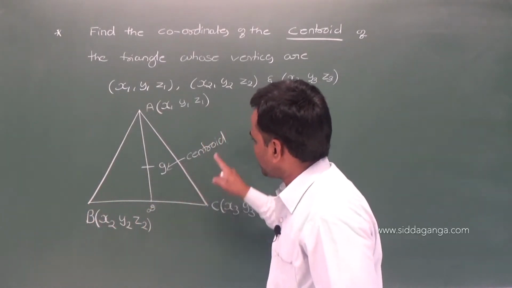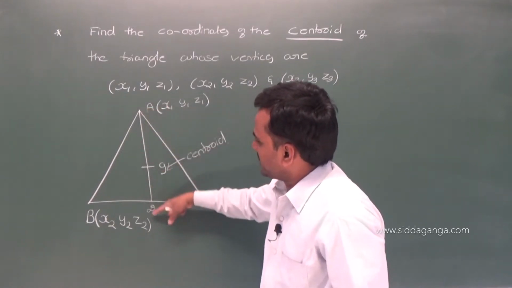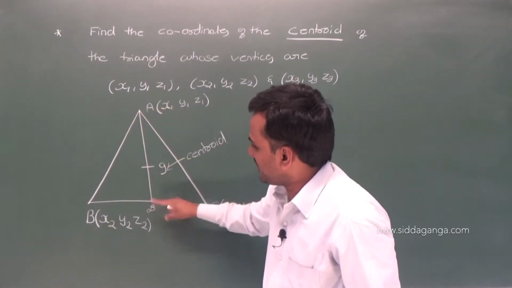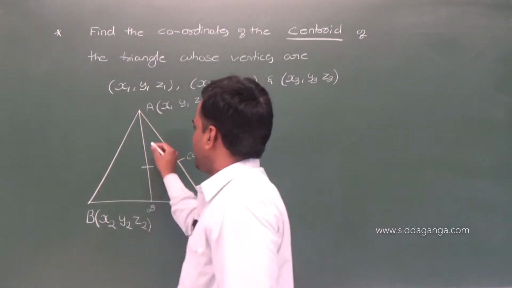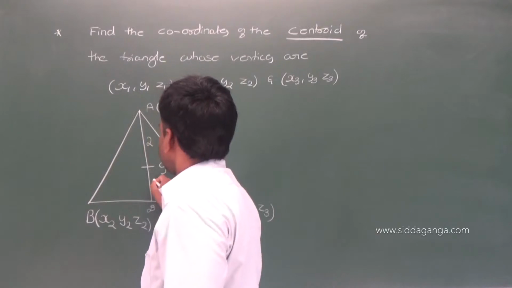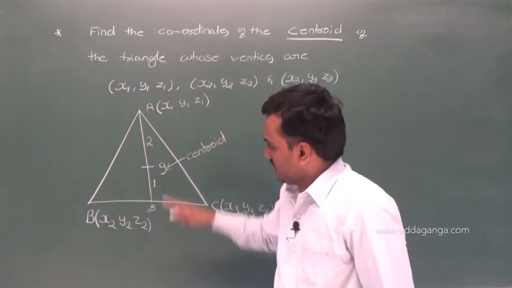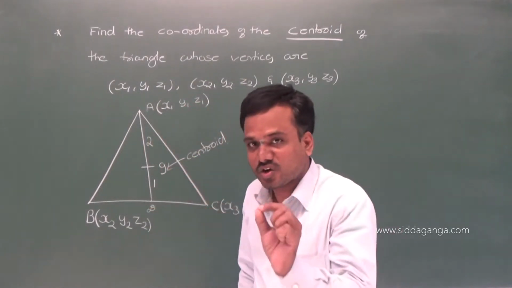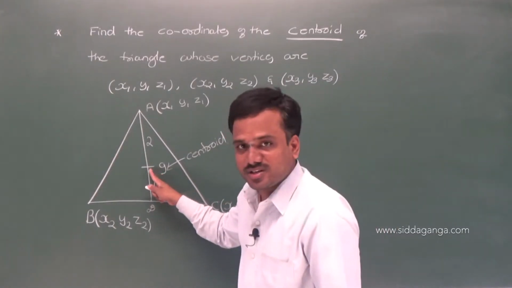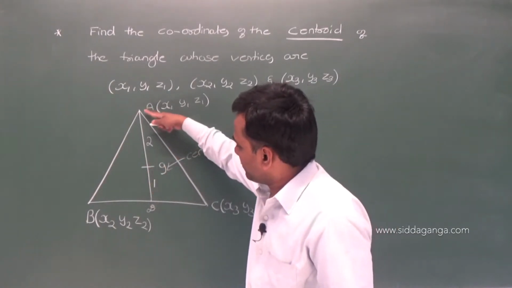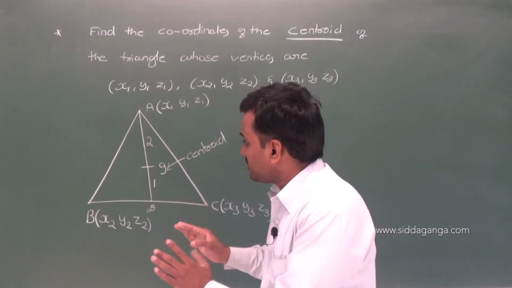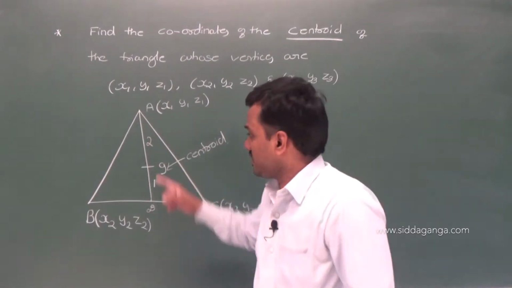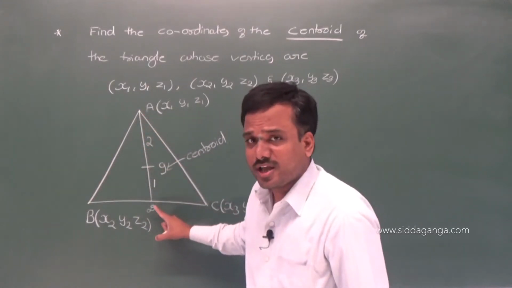Let G be a centroid. It divides the line joining AD, very important, in the ratio 2:1. Here G is the centroid. AD is nothing but a median.